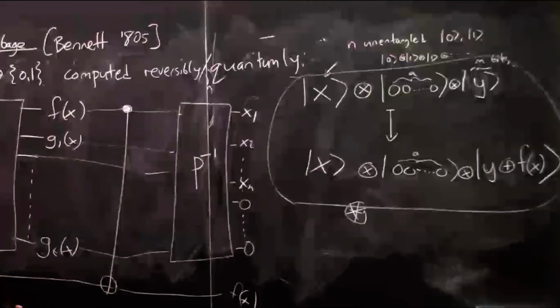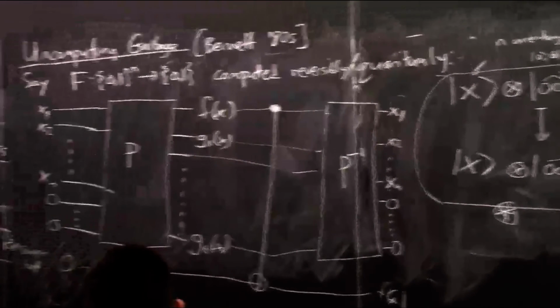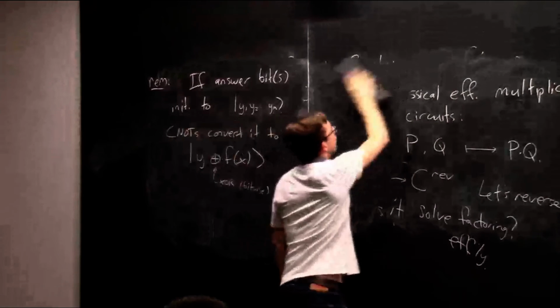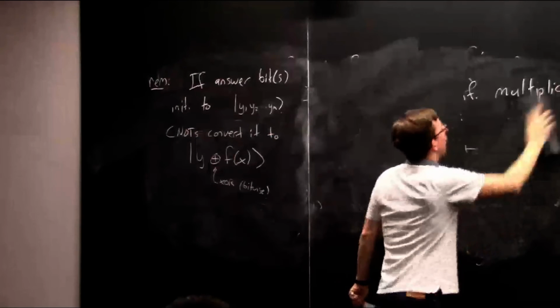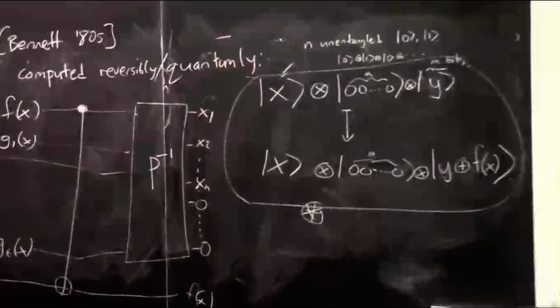So I can make a little definition. This is how we really like to say a quantum computer computes a classical function. We'll make a definition that we'll use later in the course.